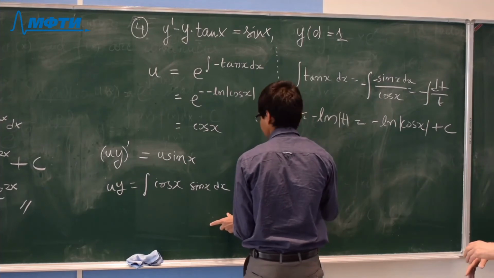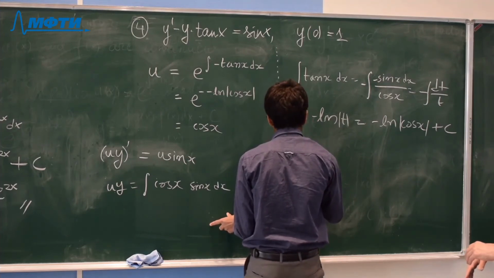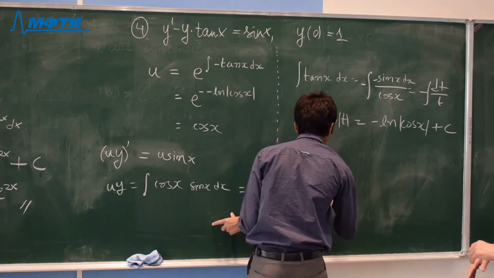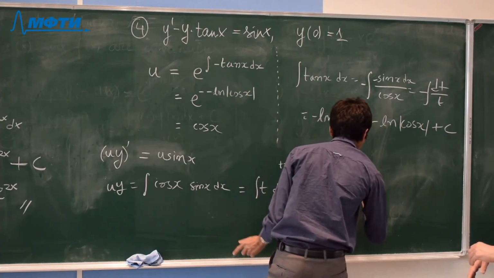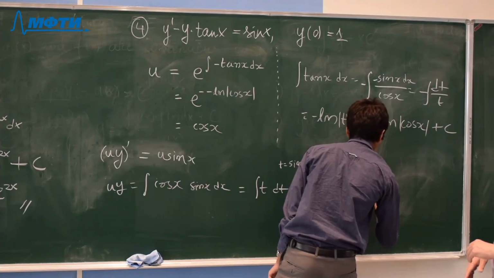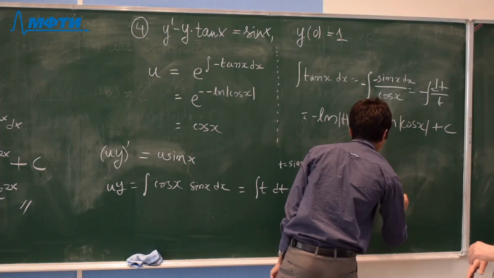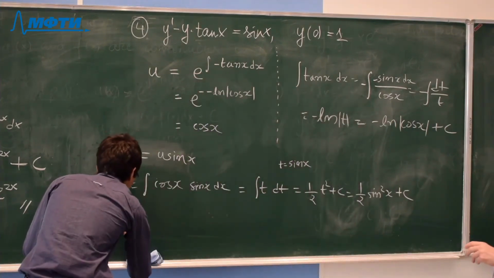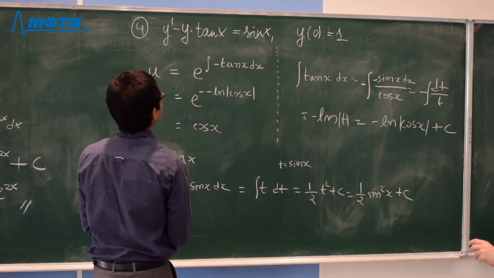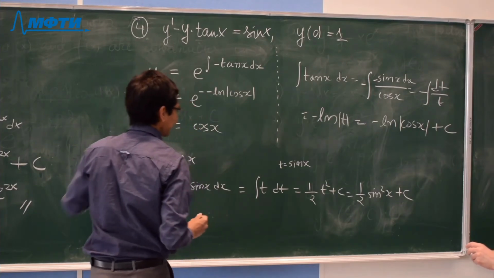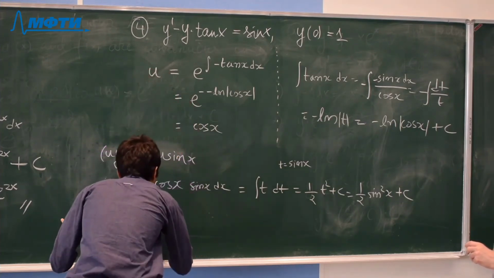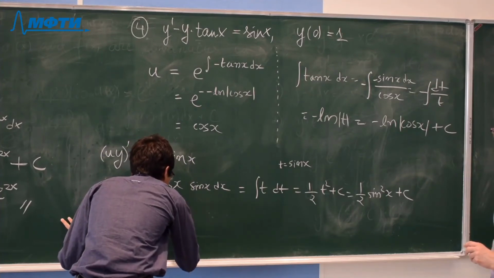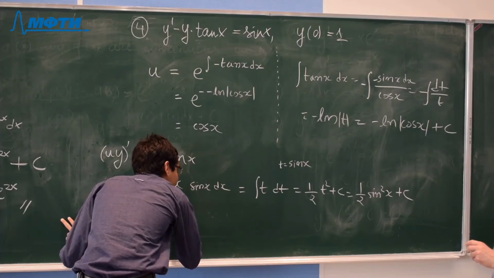And y is equal to, divide by cos x. So I have sin x over cos x, which is tan x.